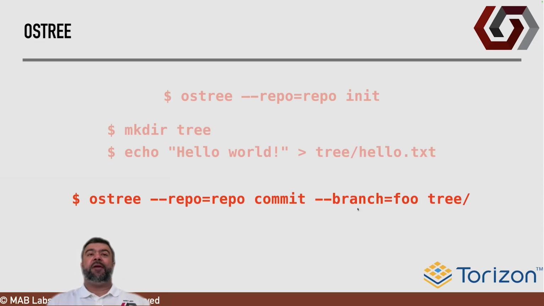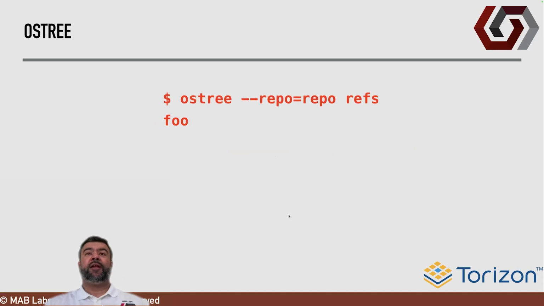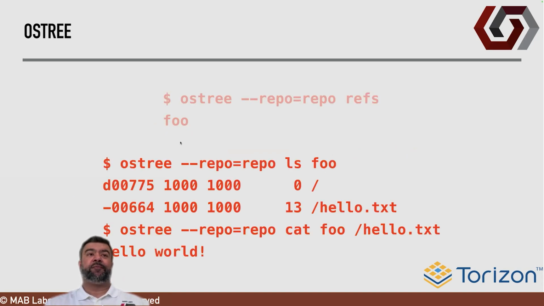Then we can commit this directory and the files underneath it in a branch called foo using this OSTree command. Once we do that, we can execute the refs subcommand to list all the branches that are available in our tree. And here we can see that we have foo.